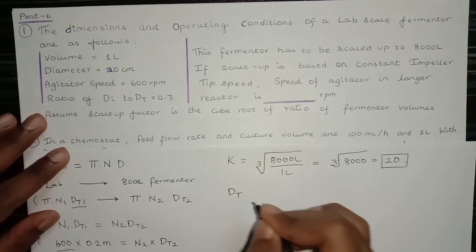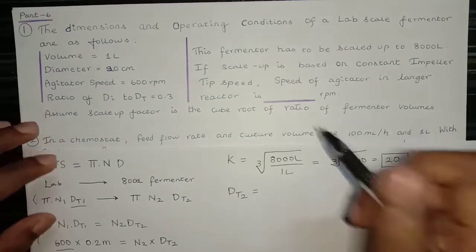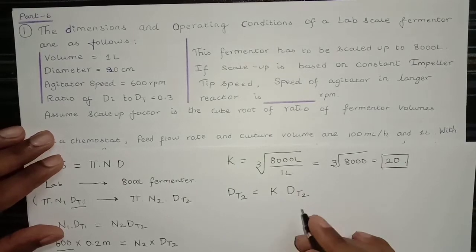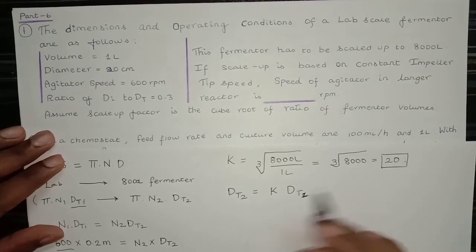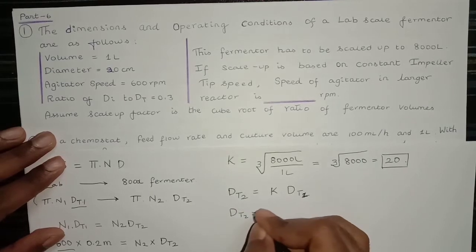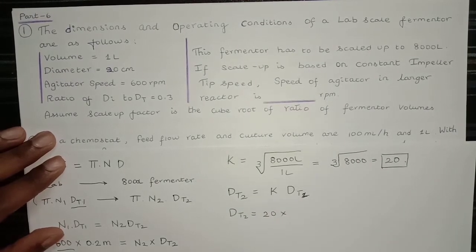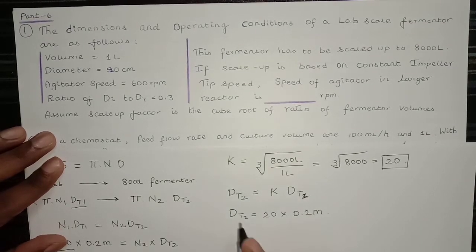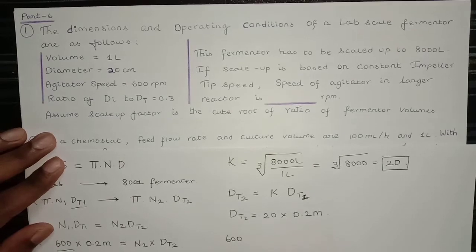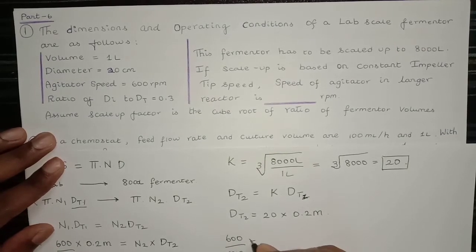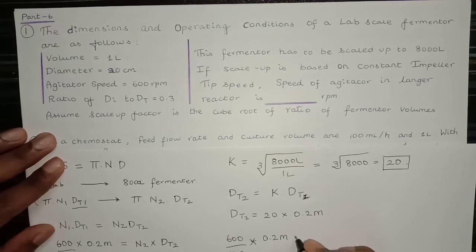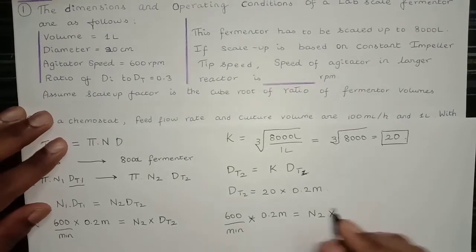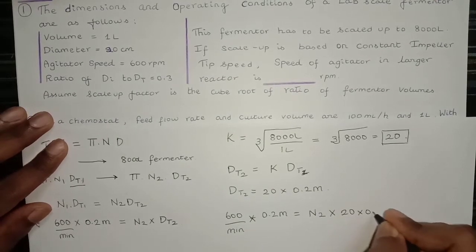Therefore the diameter of the larger fermenter is equal to K times the diameter of the smaller fermenter, say K times dT1. Therefore the diameter of the large fermenter is 20 times 0.2 meter. So let's plug in the data: 600 per minute times 0.2 meter is equal to n2 times 20 times 0.2 meter.